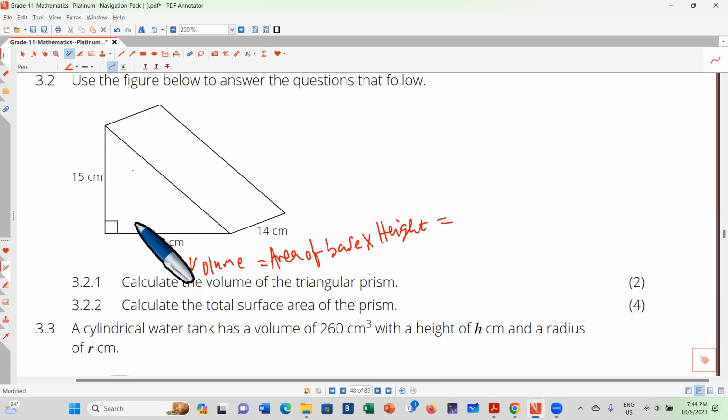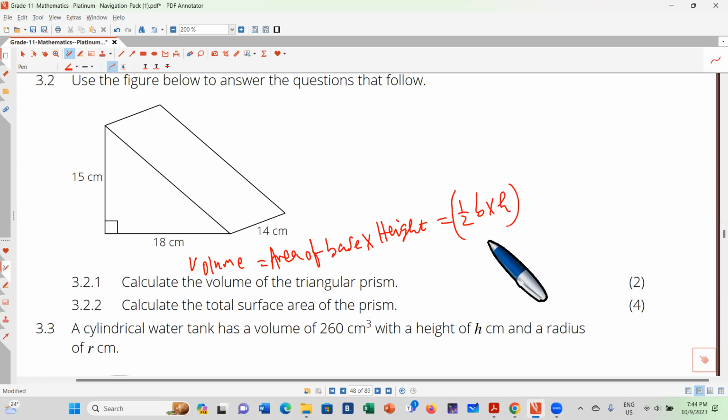Now this triangular prism, you can look at it from here to the other side. So here you have half base by height for the triangle, and then you multiply by the other dimension, the height of the prism.